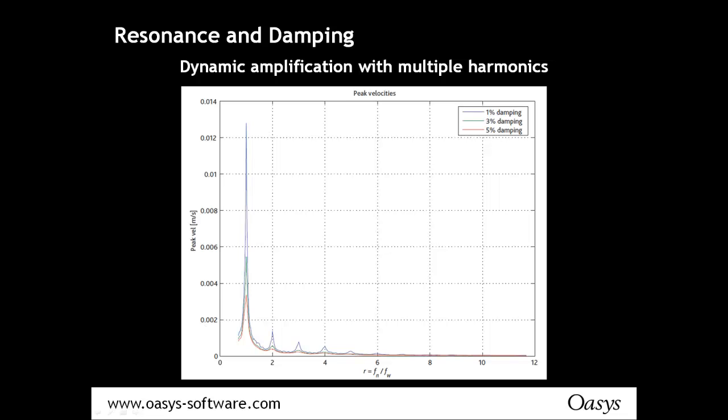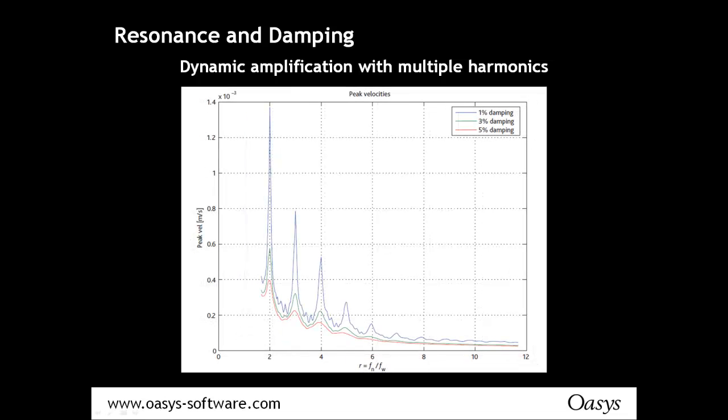You can see there the damping does have a large effect on that. Or if we zoom in a bit and take the first mode off, because the first harmonic, of course, we don't get in building structures, you can see there in a bit more detail how the footstep frequencies interact with the natural frequencies of the structure.